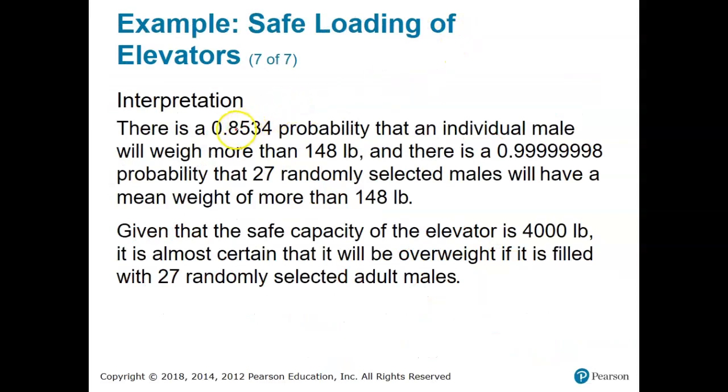Okay, so as far as interpretation, there's a 0.8534 probability that an individual male is going to weigh more than 148 pounds, but there's a higher probability given here that 27 randomly selected males will have a mean weight of more than 148 pounds. So here we're looking at the average of 27 males.